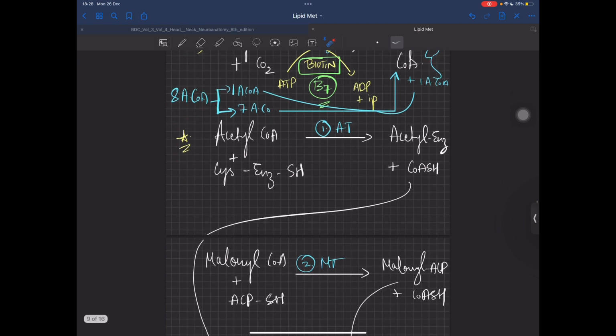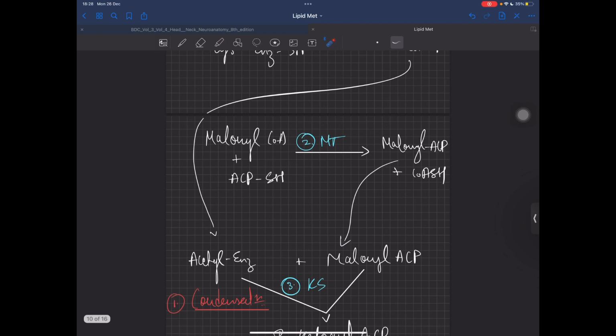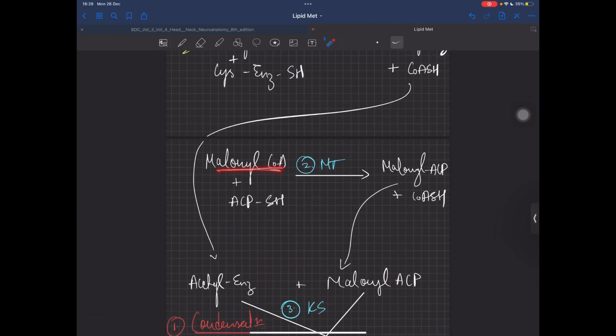Now, acetyl CoA reacts with the cysteine enzyme thiol in the presence of the first enzyme, acetyl transacylase, to form acetyl enzyme and CoA. Malonyl CoA along with ACPSH in the presence of malonyl transacylase will form malonyl ACP.